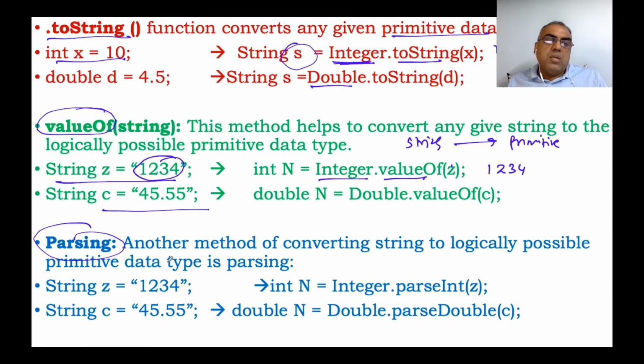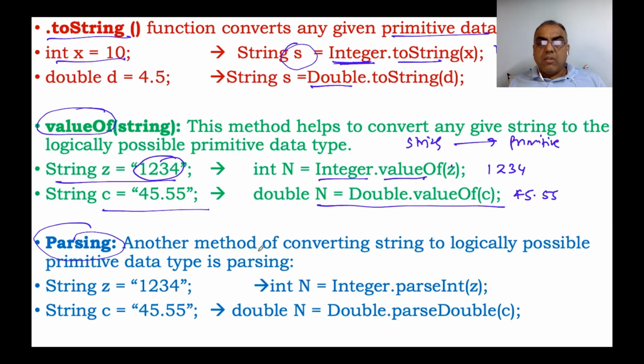Similarly, we also learned, suppose I have a decimal value and I want to convert it into double, I can write Double.valueOf(c), so that 45.55 will get converted into numeric 45.55, which can be useful for any calculation. Then we also learned parsing.